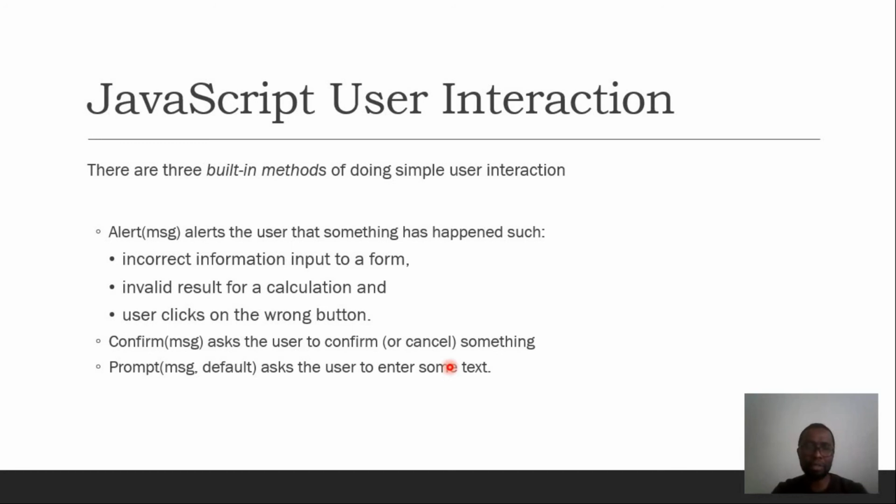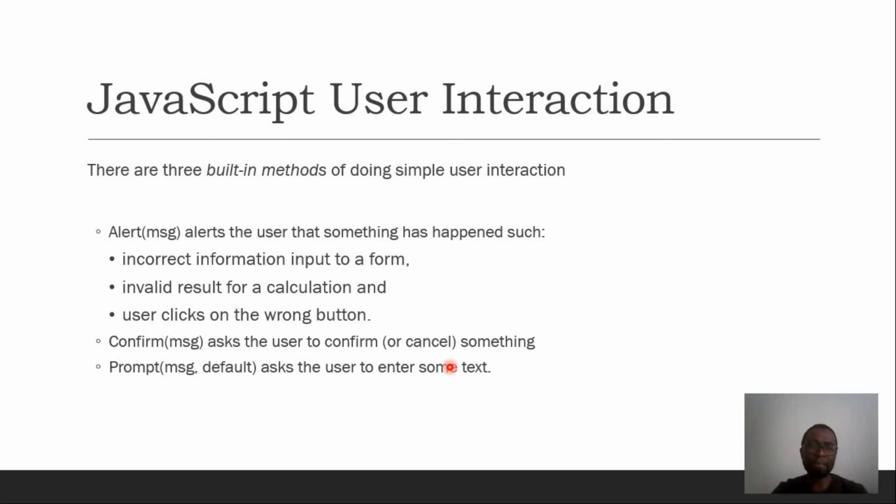Secondly, we have confirm messages. These are messages which ask the user to confirm or cancel something. So it's like you're being requested by the system to either click OK or to cancel something. Now that is a confirm message. Then finally, we have a prompt message. This asks the user to enter some text.